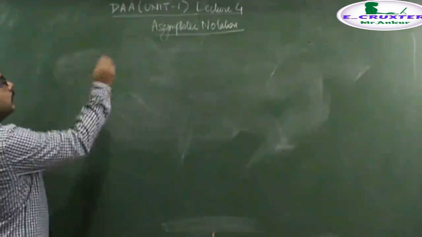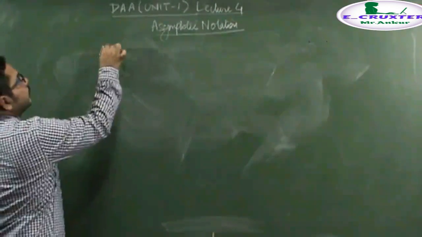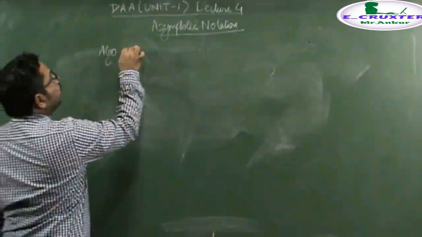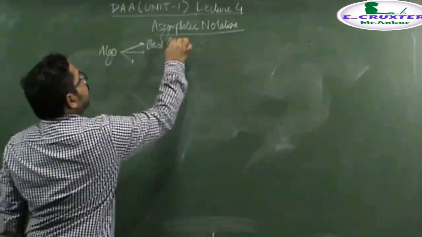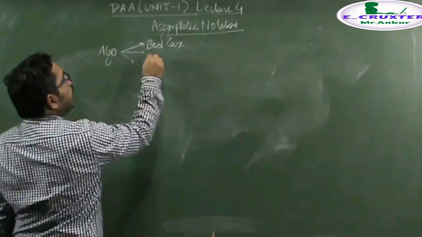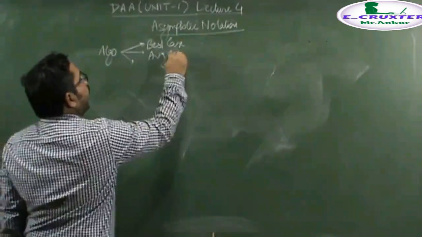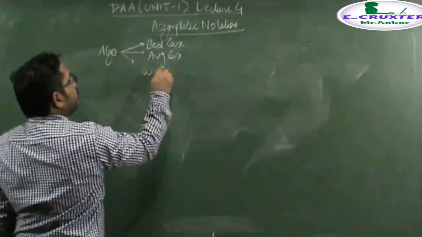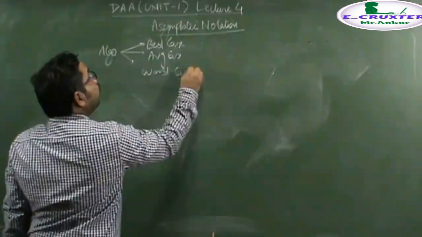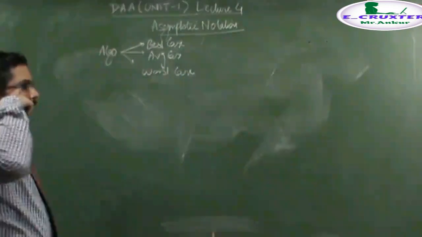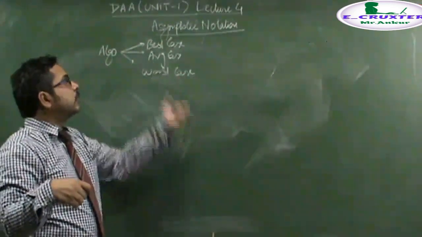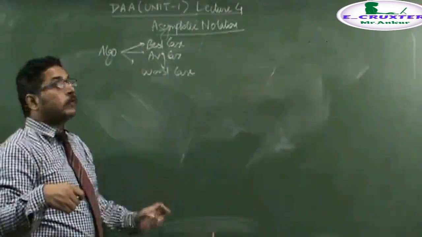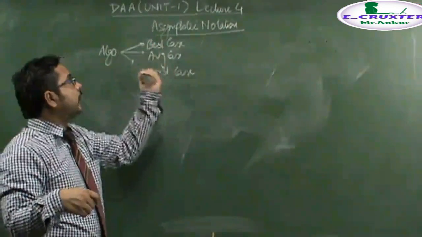Earlier we noticed that when we study any algorithm, we can analyze it on the basis of three situations: one is the best case, another is the average case, and the last is the worst case. For example, when we are sorting elements in ascending order, the worst case is when the array is reverse sorted, the best case is when the array is already sorted, and the average case is in between them.